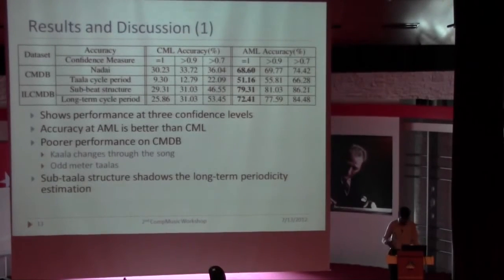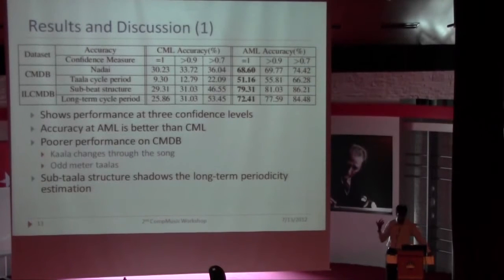Since this only looked at 2 levels of rhythmic structure, we see this kind of ambiguity. One important thing which I learned only during this workshop was to even consider the vibhag level structure.